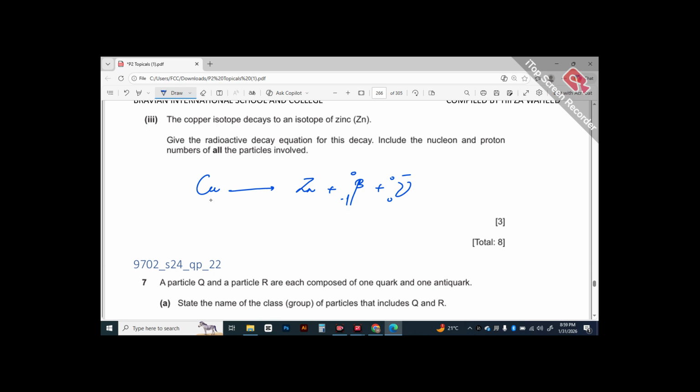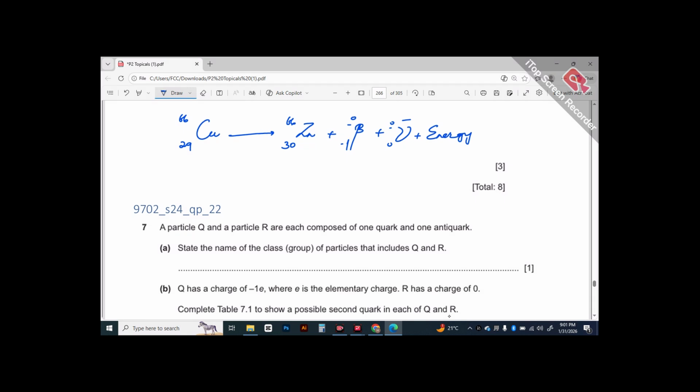Did they mention the emission of energy, or did they specifically mention that no energy is emitted? If they haven't mentioned it, we'll simply mention energy as well. As for the proton and nucleon numbers, we had 29 and 66 here, right? It has 0, -1. This must be 30 to make up for the -1. We have 66 here, it is 0, 0, so this must also be 66. Okay, so this was as simple.